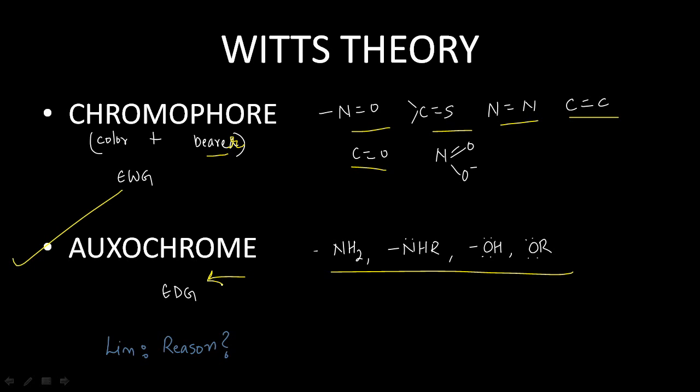For example, a substance appears yellow because of the chromophore. But when that color becomes brighter and more intense, it becomes more orangey. That intensity comes from the auxochrome.